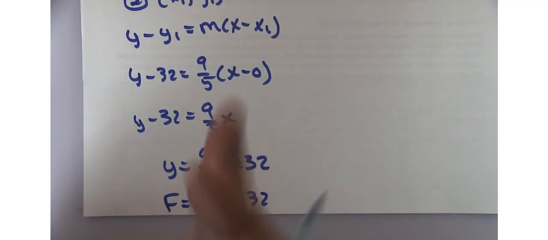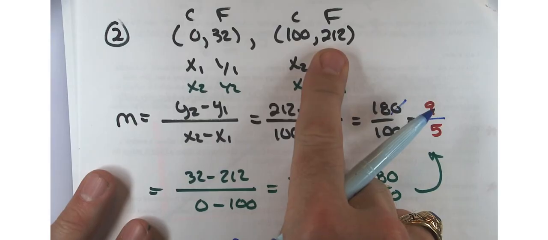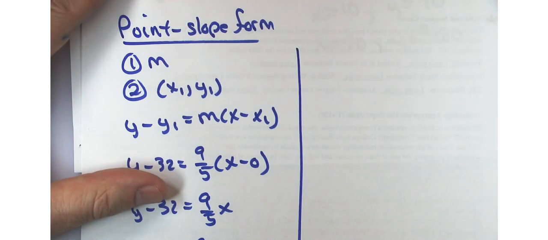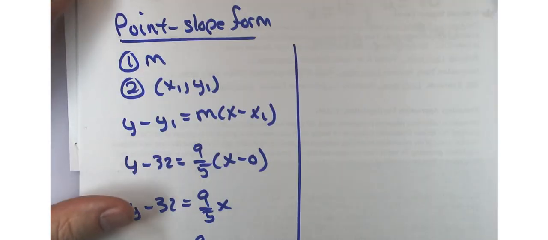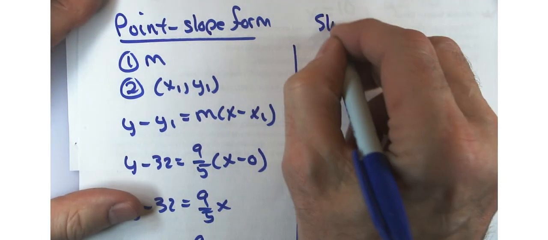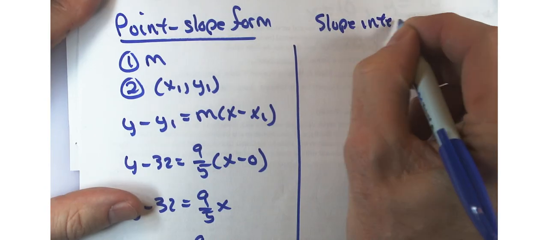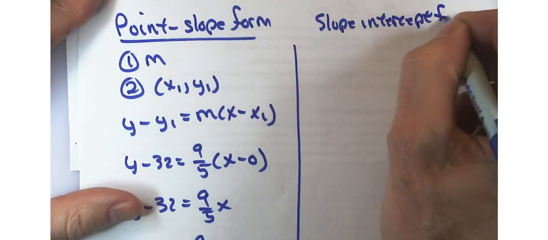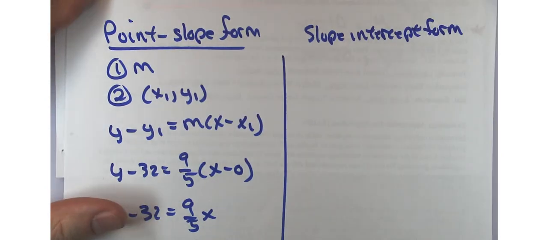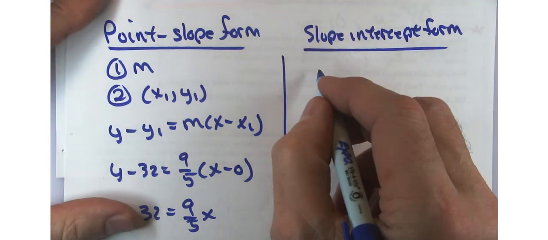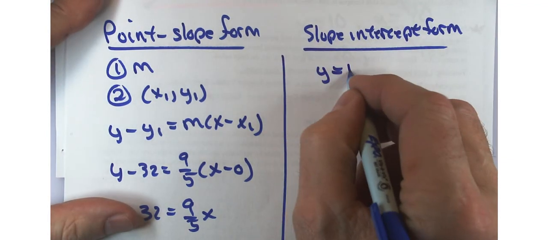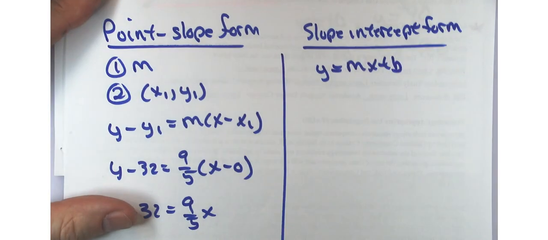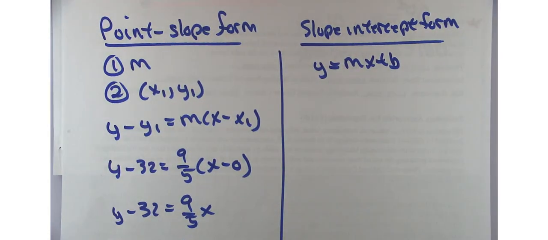The point here is that if you're given 2 points, you can find the equation of a line. Let me show you how you do that in another way. What if you're just going to say, all right, let's use the slope-intercept form. The slope-intercept form of a line looks like this. y equals mx plus b. Beautiful. Looking good.